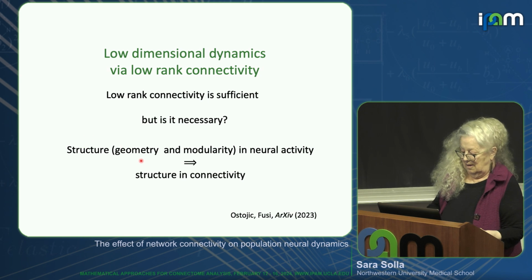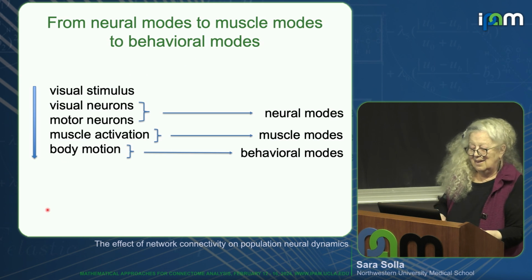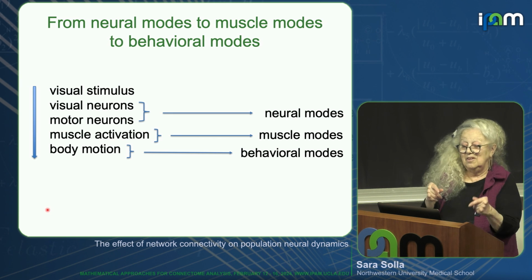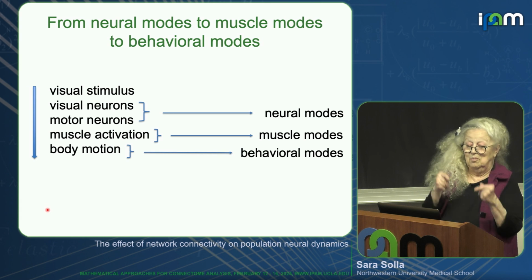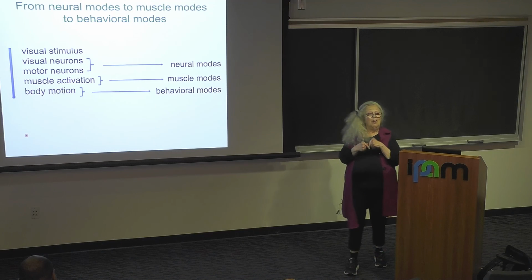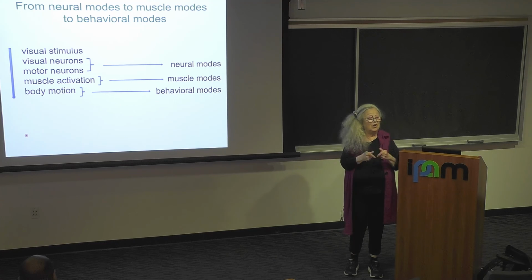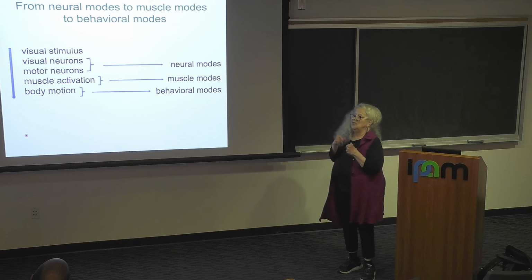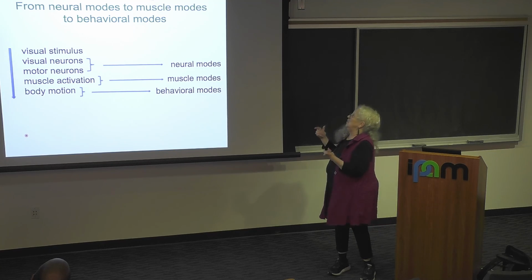And this is my last slide. We talk about neurons. So visual stimulus go to visual neurons, and then they go to motor neurons, we go to muscle activation, we go to body motion. My point of view on this is that there are low-dimensional representations at every one of these levels. That the visual neurons and the motor neurons can be described by neural modes.